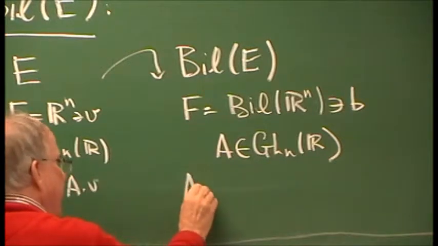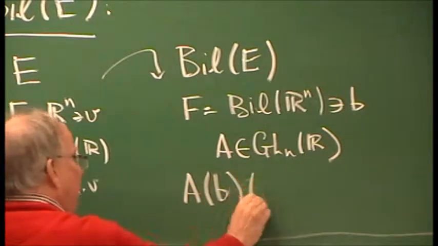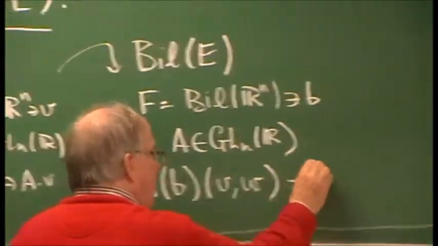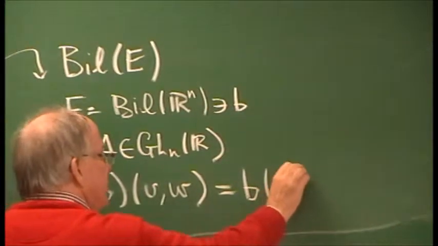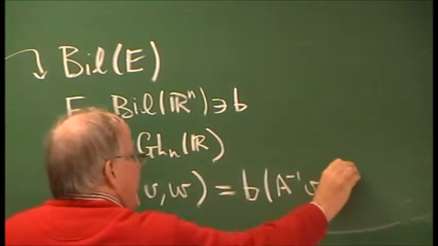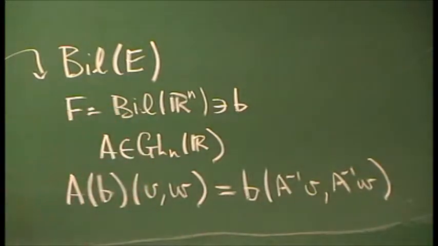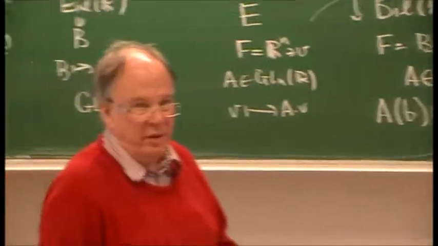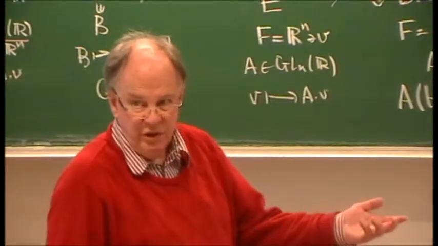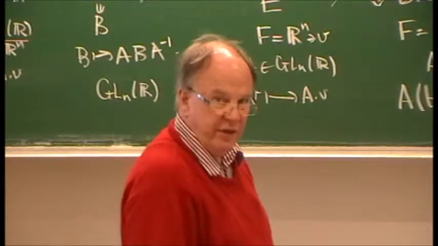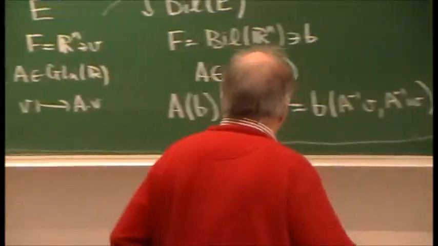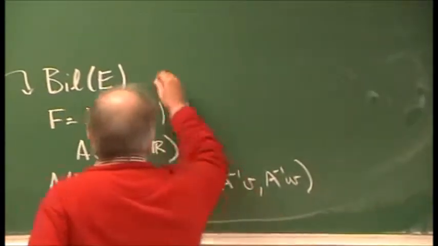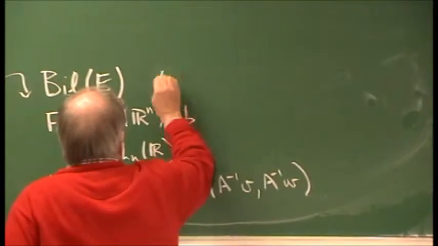It's A of B of V, W. Guess what? B of V, A inverse W. It has to be, because we're dealing with functions, and you have to move the inverse inside because it needs to be a left action. So this is the correct action on bilinear forms. Let's see here. The bilinear forms on Rn are just matrices.